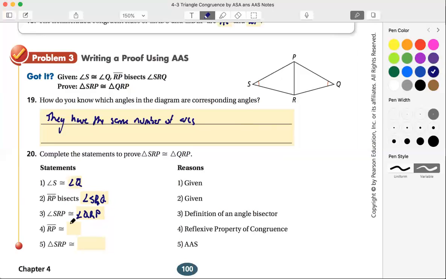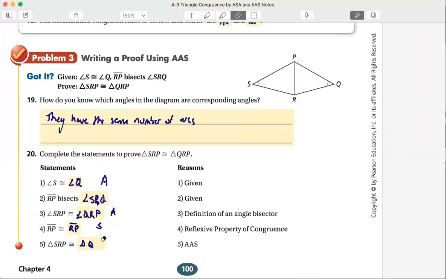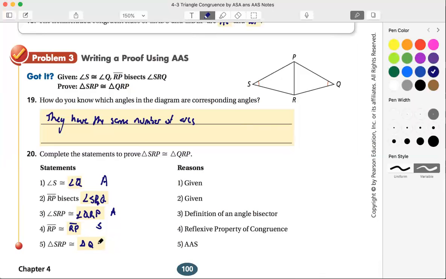All right, we also know RP is congruent to itself, reflexive property. So watch this, look what we just got here. Angle, angle, side. So therefore, triangle SRP must be congruent to triangle QRP. Oops, let's erase that, make that QRP, and I think we would be good to go.